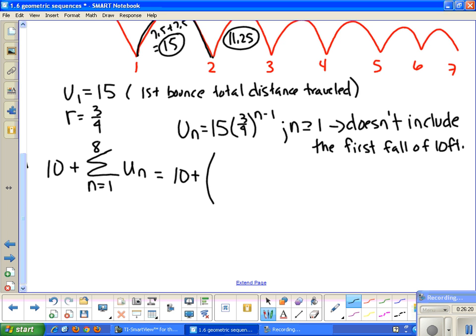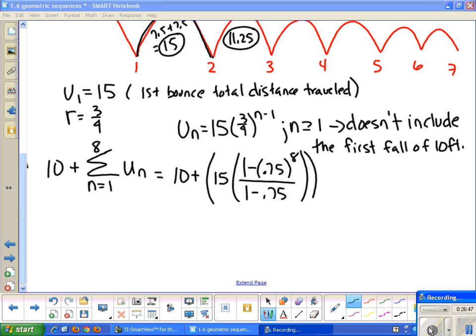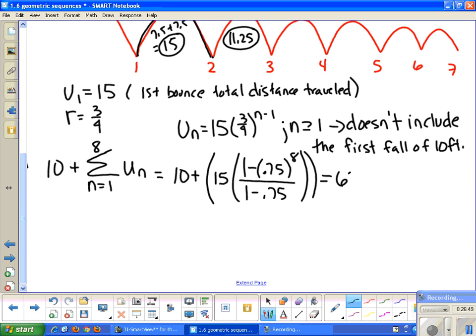So the formula states that it's the first term, which is 15, times 1 minus the ratio, which is 3/4 or 0.75, to the k power, and k in this case is 8, over 1 minus 0.75, because that's my r value. So if I do all of this and plug it into my calculator, you would see that you get a value of 63.99 feet.